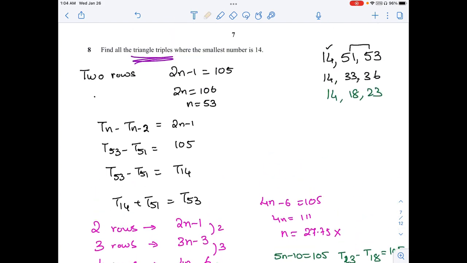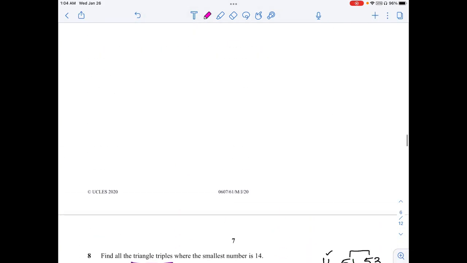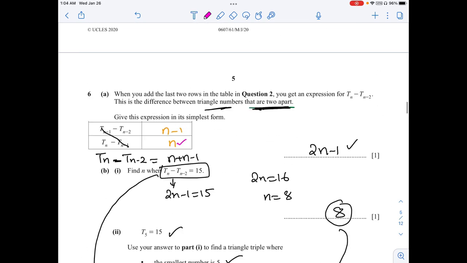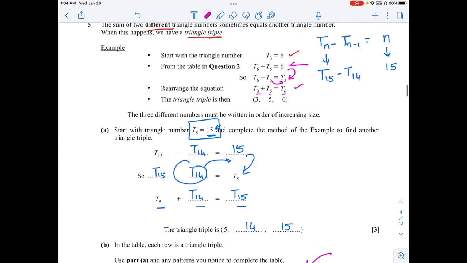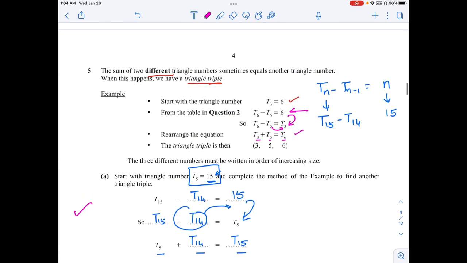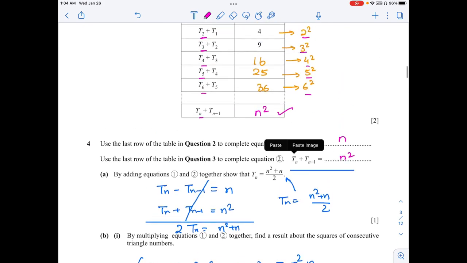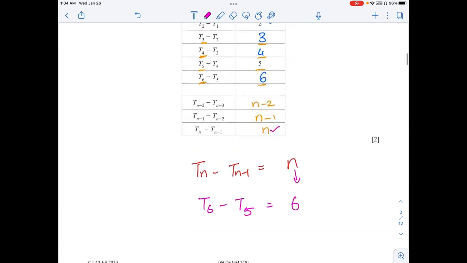But hold on. We haven't taken the 1 row. Over here we have done the 1 row. So we take 1 row. What is 1 row? Tn minus 1.